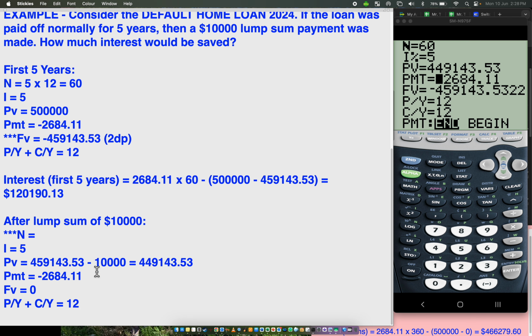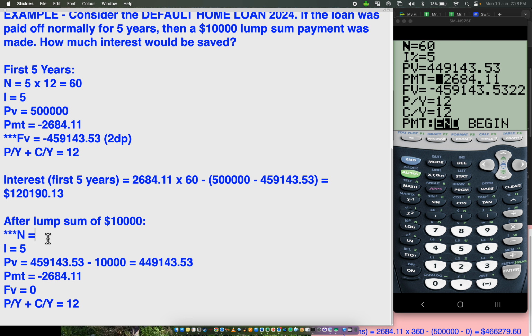So hopefully you can see that if I didn't chunk it down by 10 grand and I had this much to pay off and I kept paying this, then the remaining n would just be 300, because I've already paid 60 times. So the normal 30-year home loan. But what am I doing? I just chunked down the remaining debt by 10 grand, so I'm paying off a smaller amount with these payments.